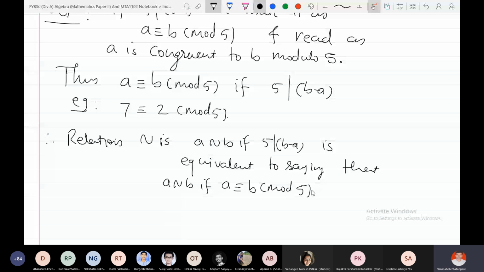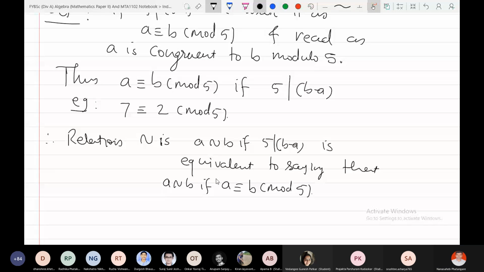Is it correct? Is it clear now? There is no confusion.